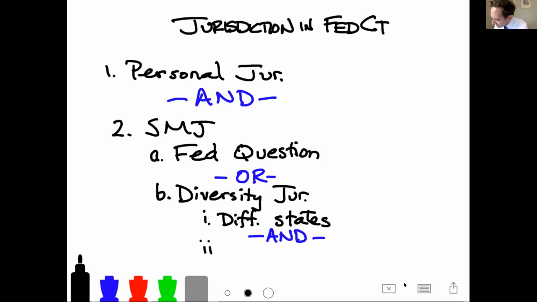So I'm just going to write this: exceeds $75,000, meaning it has to be $75,000.01. Let me put this all together now that you're seeing this on your screen. Personal jurisdiction, always required. So you need personal jurisdiction and subject matter jurisdiction. To get your subject matter jurisdiction, you can do that either by suing based on a federal law, what we call federal question.